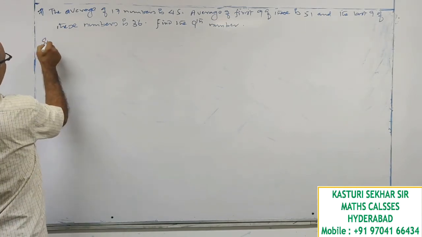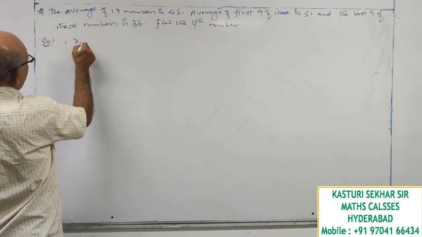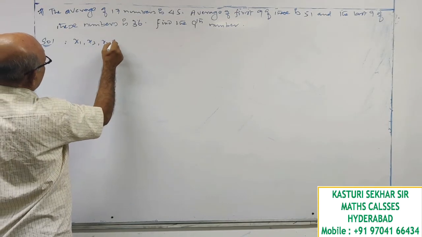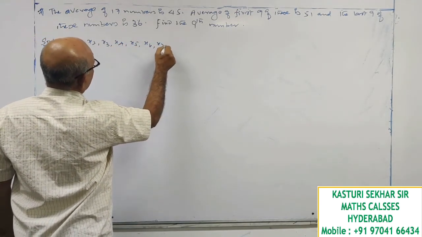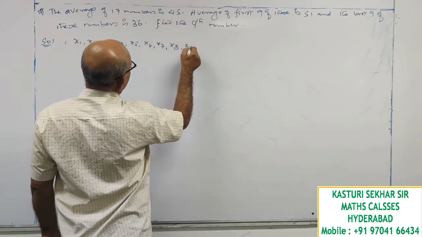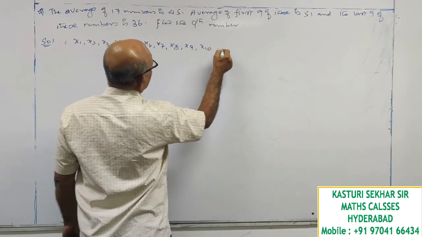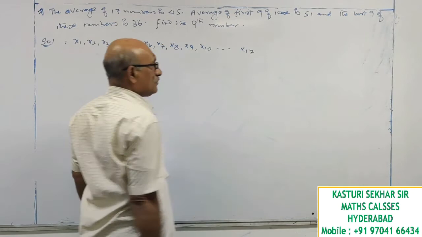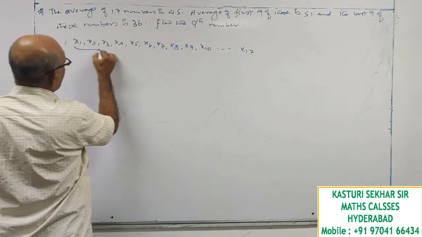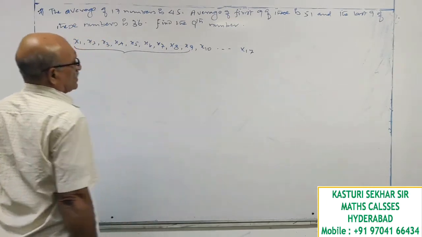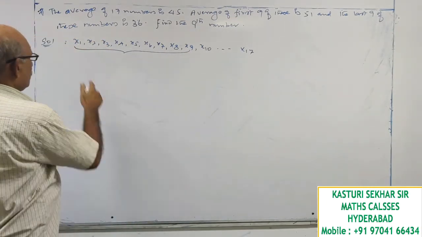Look at the solution. There are 17 numbers. Let me write x1, x2, x3, x4, x5, x6, up to x17. Now what is given? First nine numbers average is given.